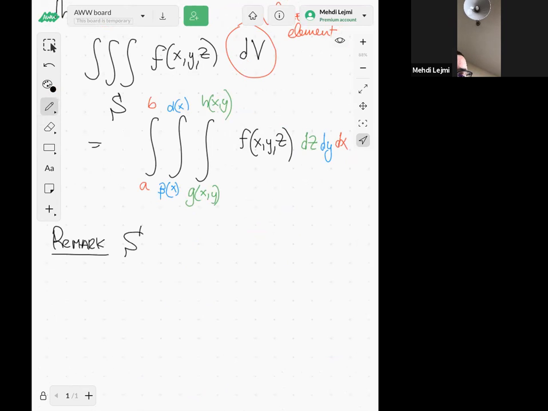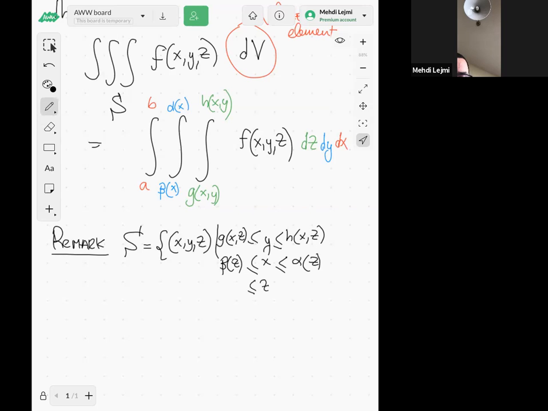S is the set of x, y, z where y is between two functions of x and z, h of x and z, and x is between two functions of z, let's say beta z and alpha z, and z is between two constants, let's say r and s. So this would be a type 2.